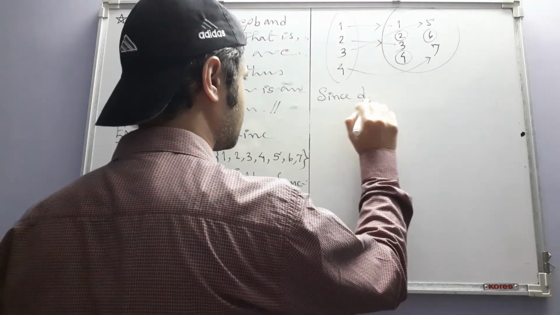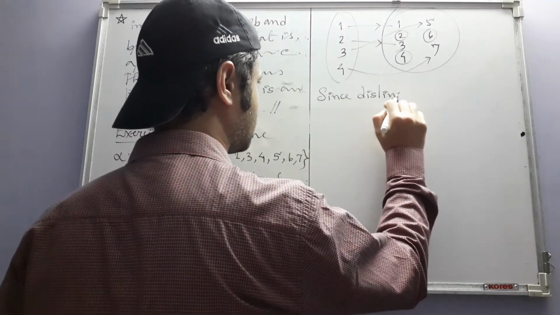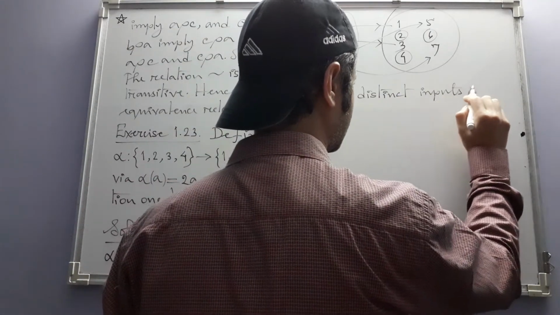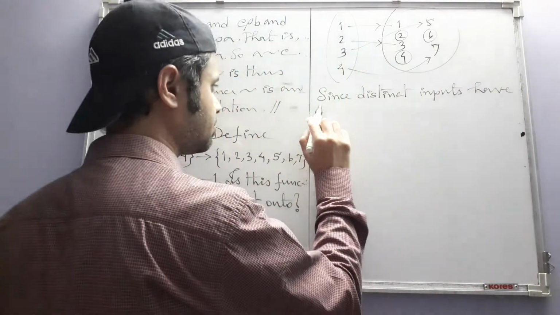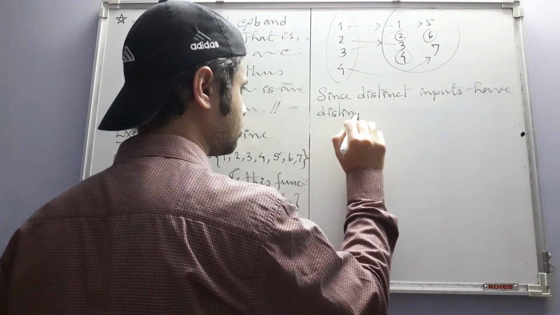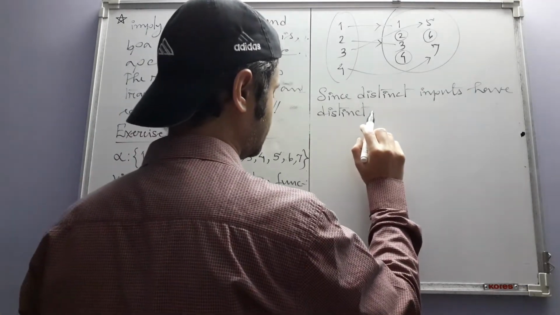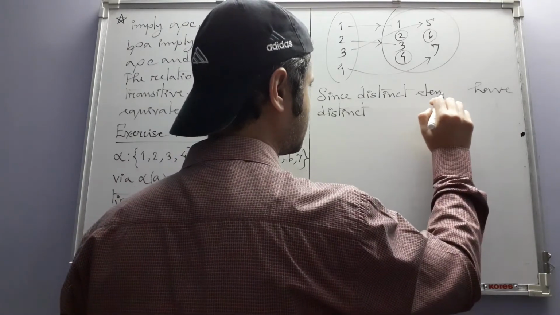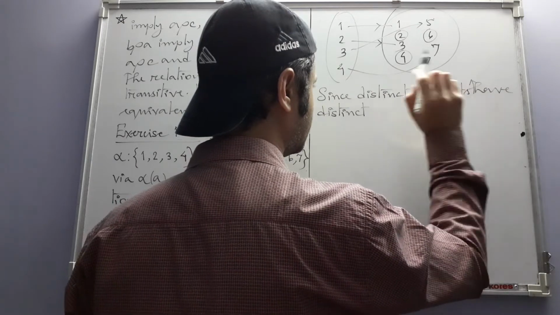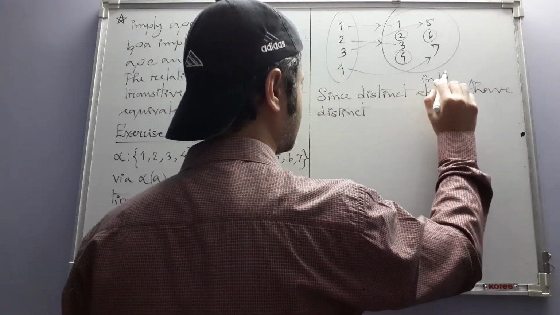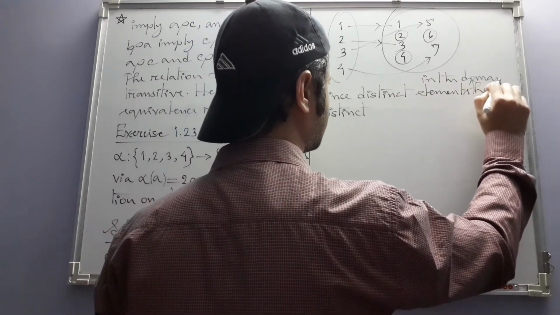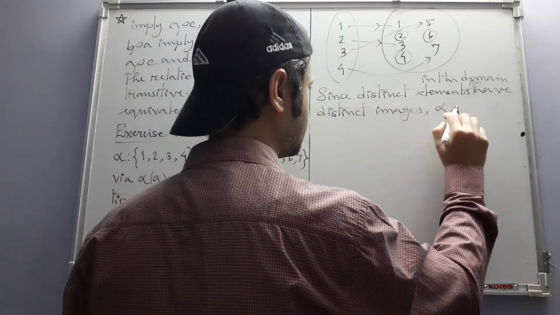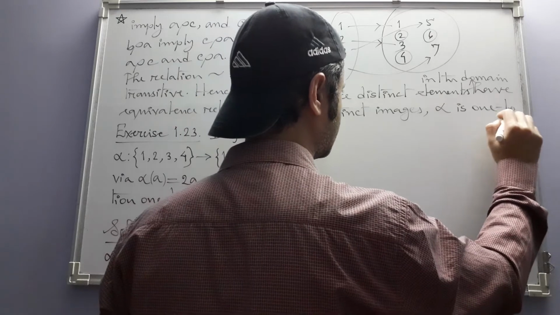Since distinct elements in the domain have distinct images, alpha is one-to-one.